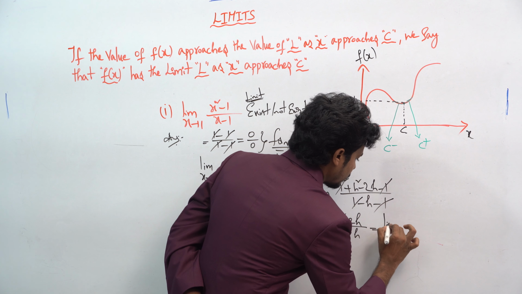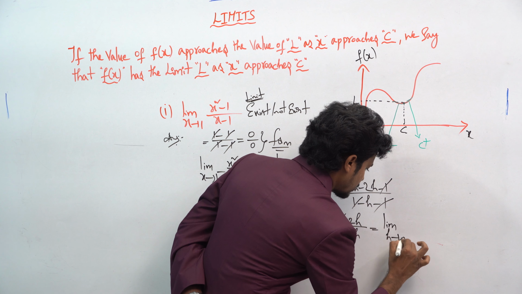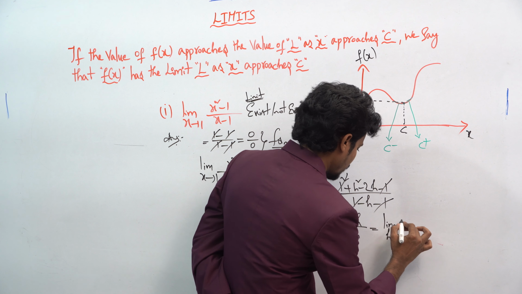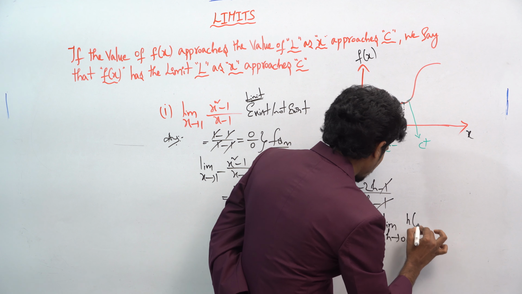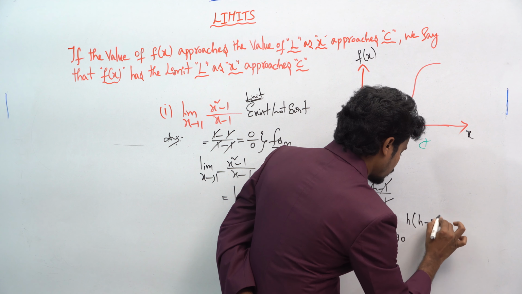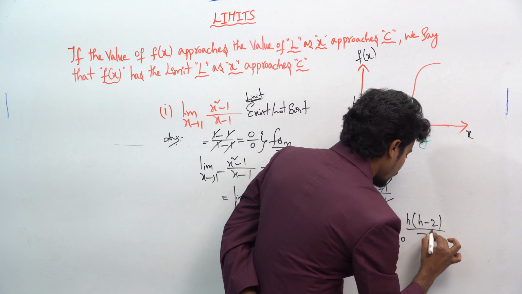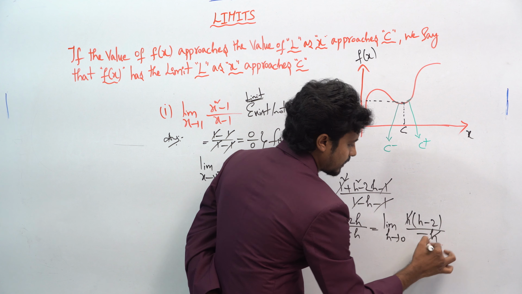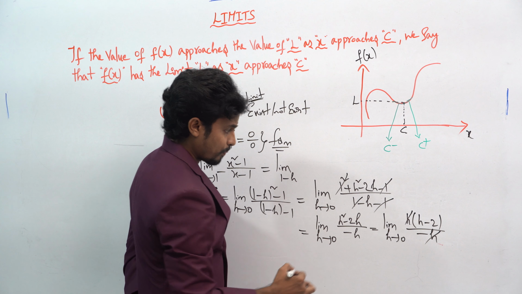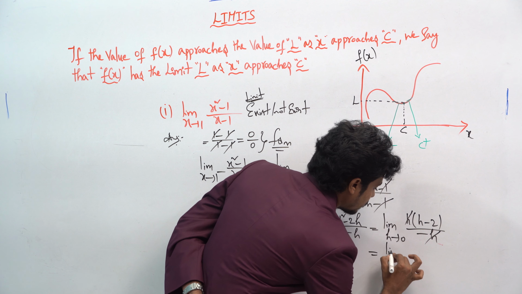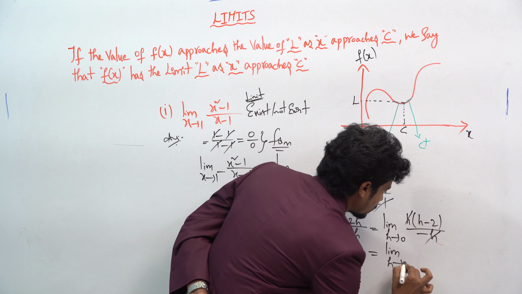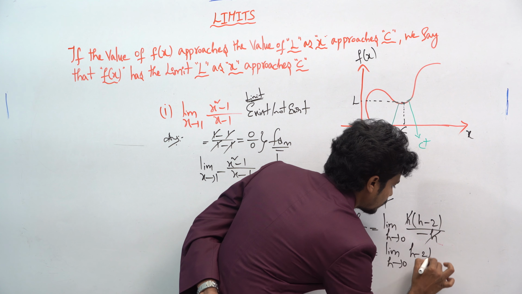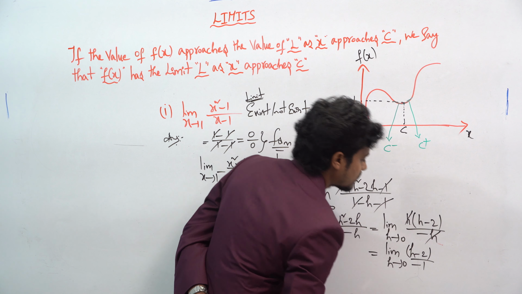If you take h common, this will be h minus 2 divided by minus h, so here h will get cancelled. This be the limit h tends to 0 of h minus 2 divided by minus 1.